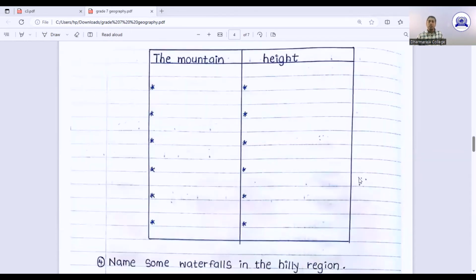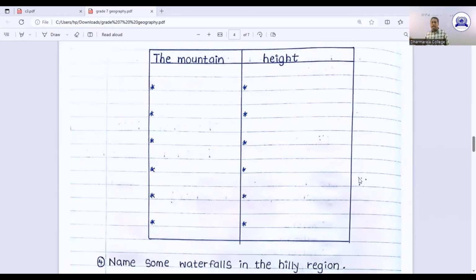Now you must write the name of the mountain with the height. This is a self-activity, Swayam Abhyasaya, a self-assessment. You must write the name of the mountain. What is the first mountain? Pidurutalagala. What is the height? 2,524 meters.